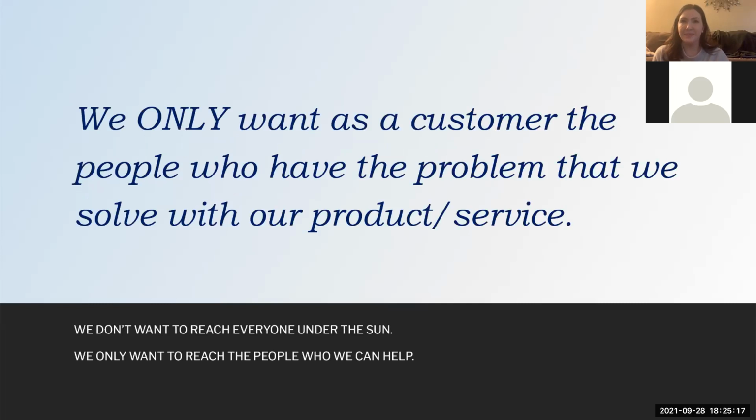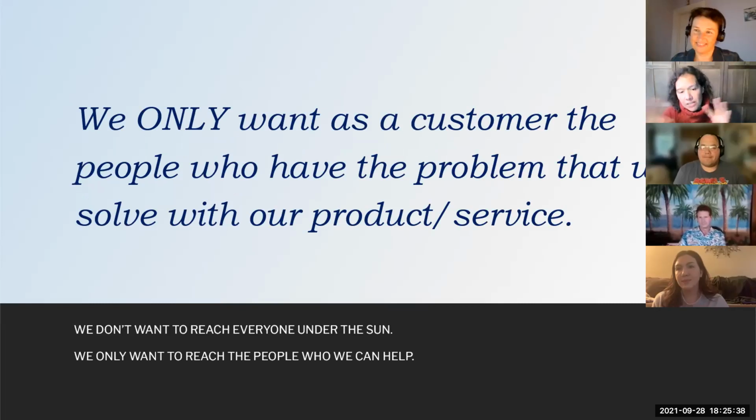But the truth is that we don't want to reach everyone under the sun. I don't know if you have ever found yourself in a small room with someone who does not share your values, but nonetheless you are sharing a conversation, and how uncomfortable that can be. We don't want to be in the same room with a misfit client because it's miserable for us and it's miserable for them.